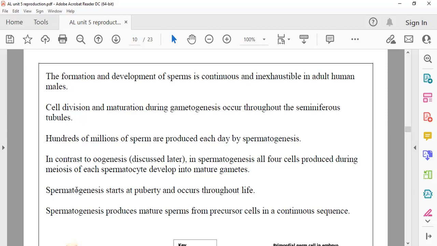Oogenesis means whose production? Ova production. Spermatogenesis means whose production? Sperm production.